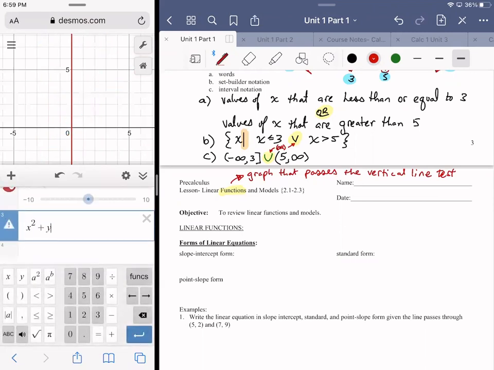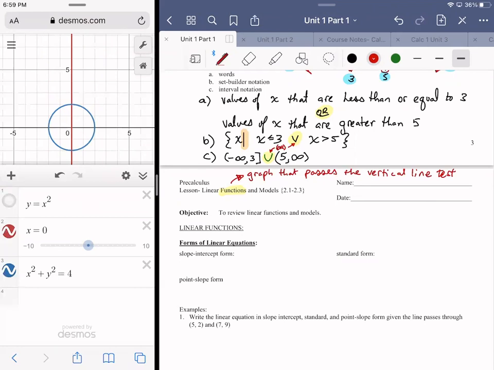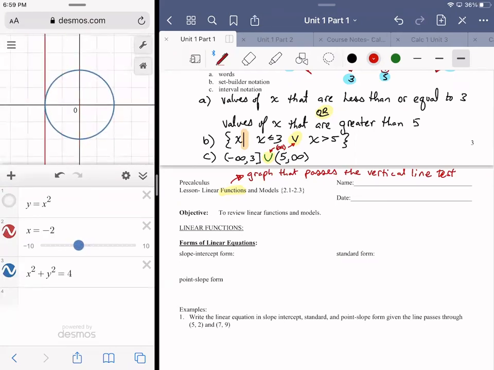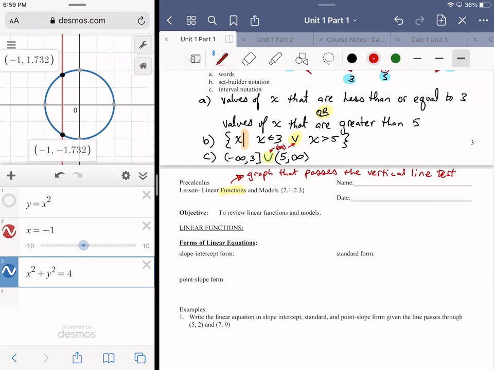Plus y squared equals 4. All right, and so for this one, the circle, you can see here that we have multiple intersections on the circle. As I cut through it with a line, you know, the line is the hot knife, and the function is the butter, I guess.